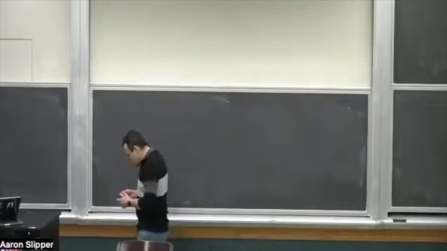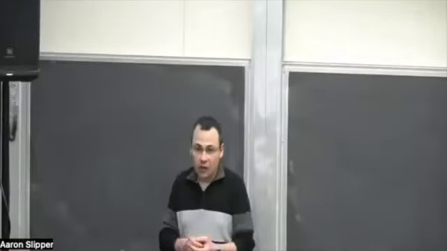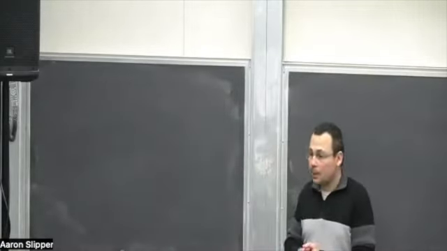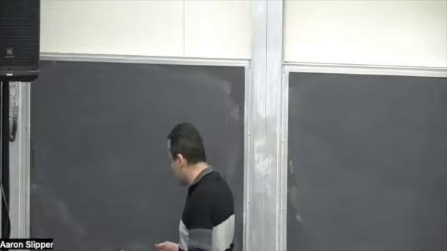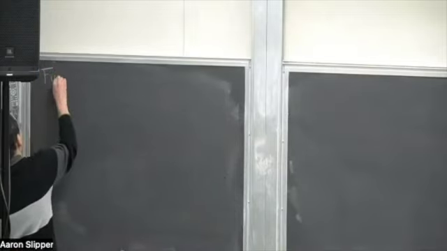Part of the reason this subject is difficult is because it involves a confluence of several different ideas. So the first idea is this functor of points approach to algebraic geometry.